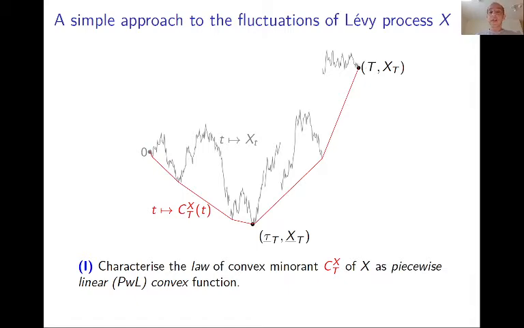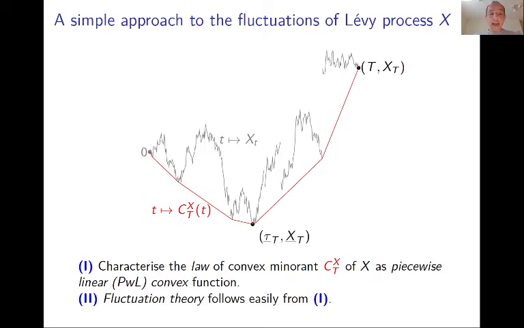Okay, so the convex minorant is a full function, maybe a tall order to characterize its law, but in fact, our paper shows that it's actually elementary. It requires very little in terms of the general theory of Lévy processes, or anything else, as you will see.